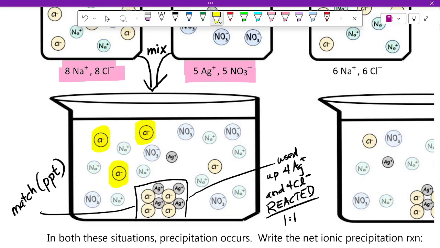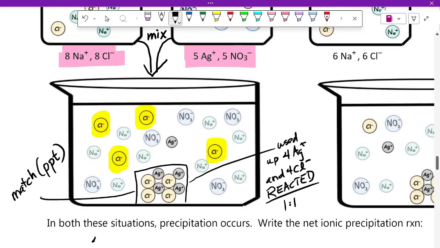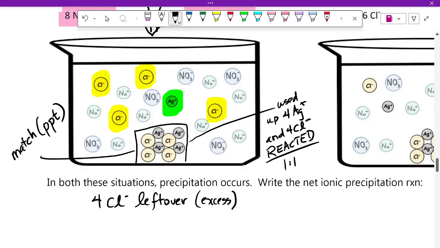One, two, three, 4 chlorides are left over. That's our excess. And we have 1 silver, and that's because this is a low solubility compound that still contains a little bit of the dissolved ions.